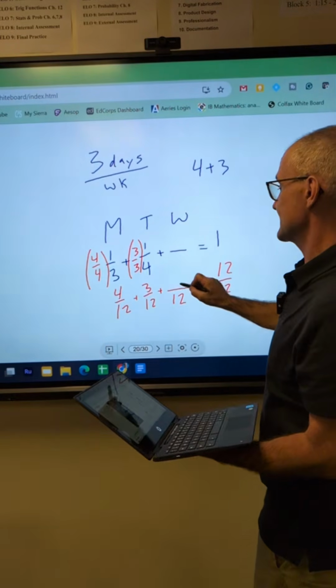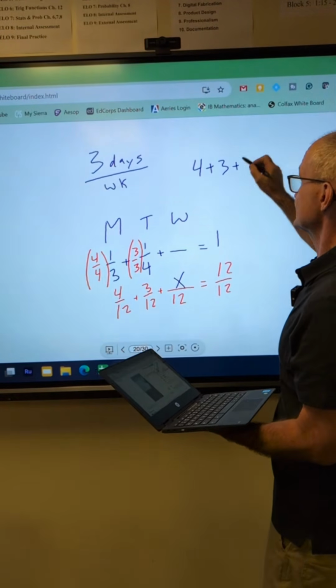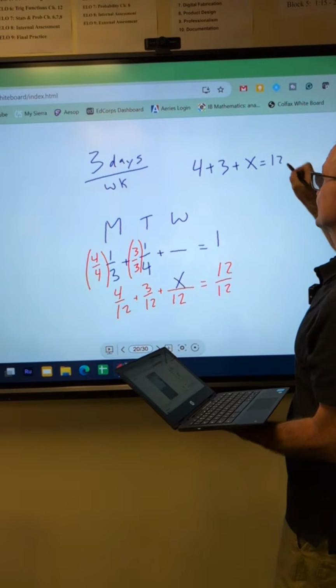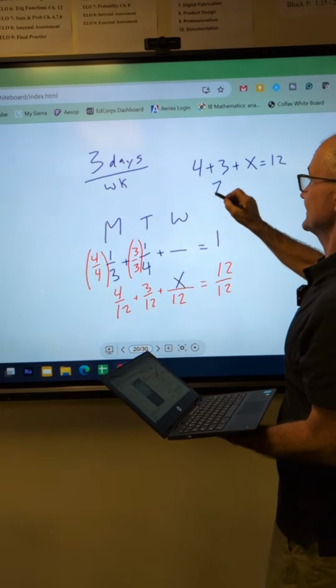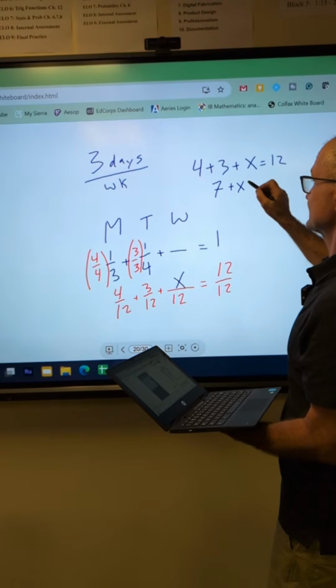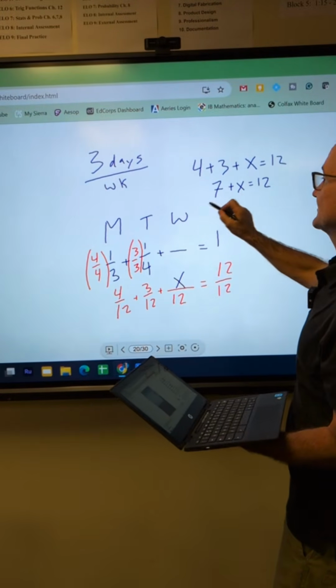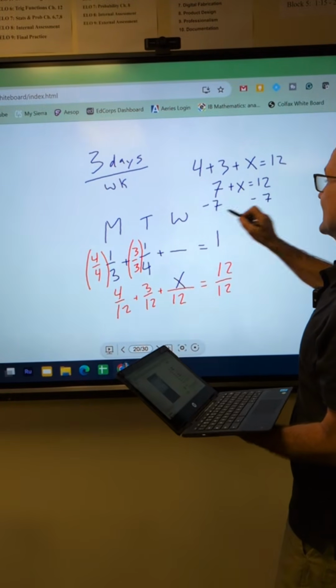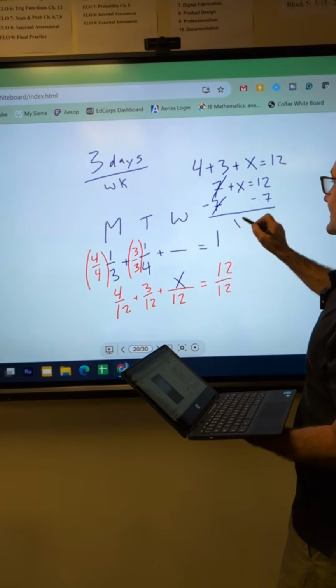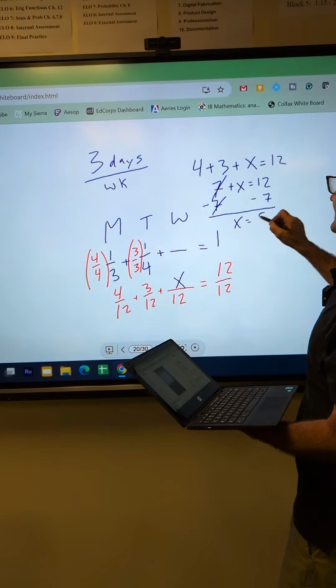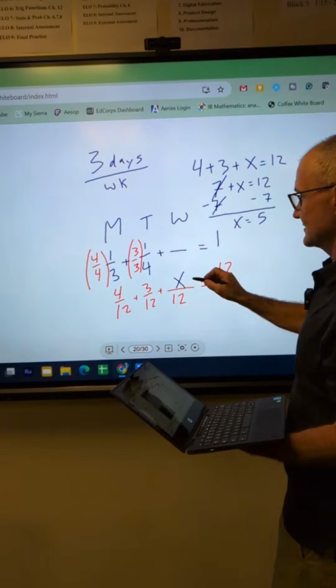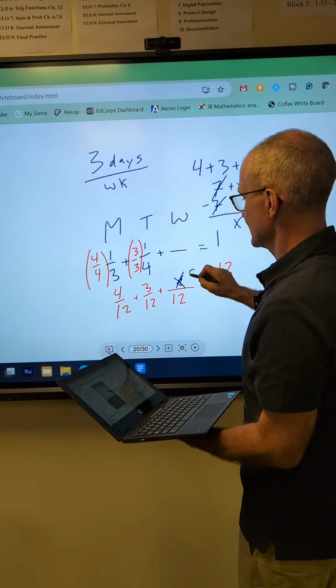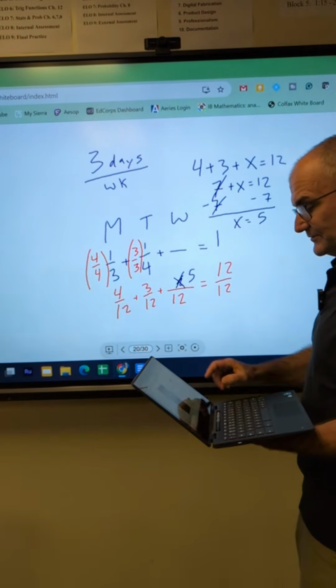I don't know means x. So 4 plus 3 plus x equals 12. 4 plus 3 is 7. 7 plus x equals 12. Subtract 7 from both sides. That gives me x by itself. 12 minus 7 is equal to 5. So this fraction here, Wednesday, has to be 5/12.